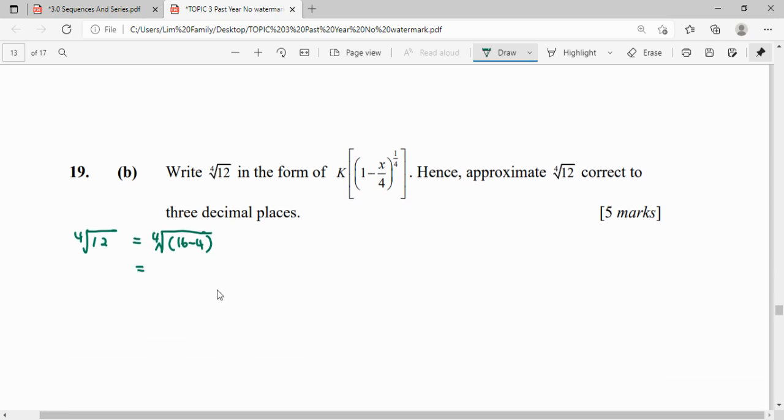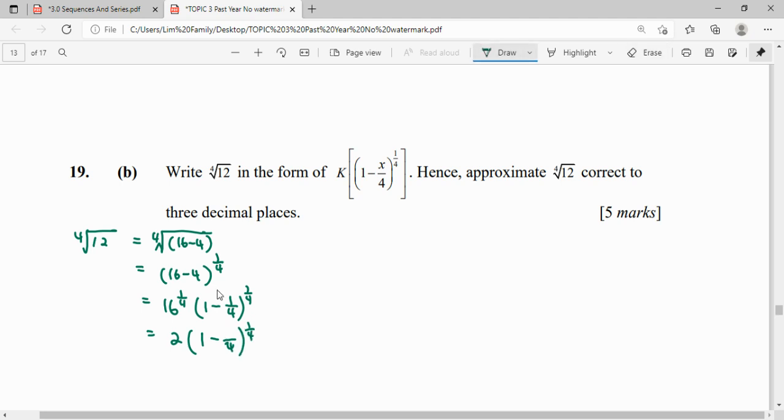In other words, this is 16 minus 4 to the power of 1 over 4. When I factorize it, it is 16 to the power of 1 over 4, and then inside here you get 1 minus 1 over 4 to the power of 1 over 4. Which gives us 2, and then 1 minus 1 over 4 to the power of 1 over 4.